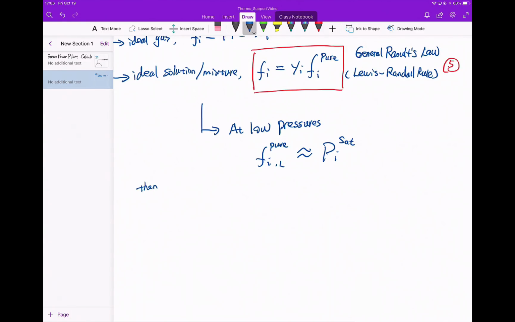Then we would have for gas, fi is yi P. This is for the vapor.